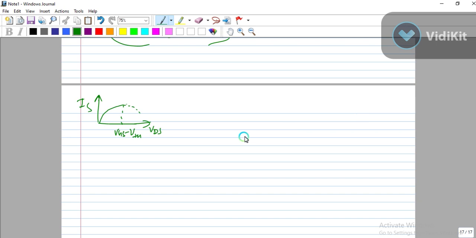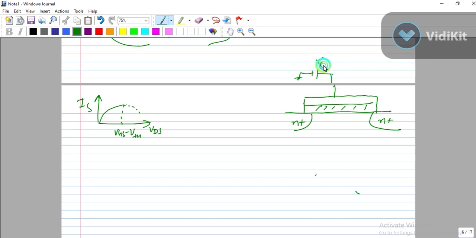Why? Let's go to the device first. To understand it, we have to go to the device, so let's make a MOSFET. This is N plus, N plus. And there is the gate. Here I'm giving VGS and here I'm giving VDS.